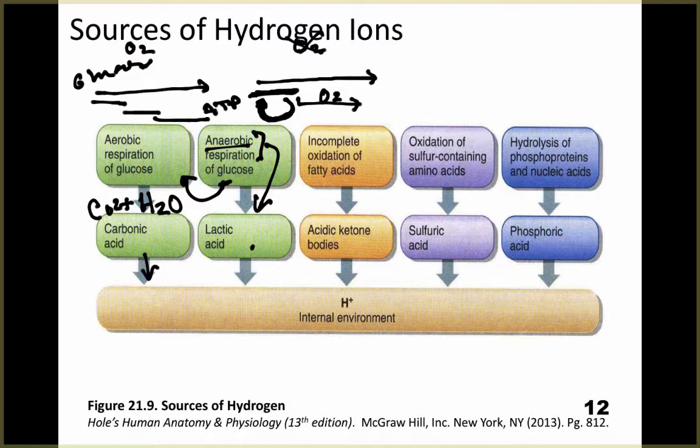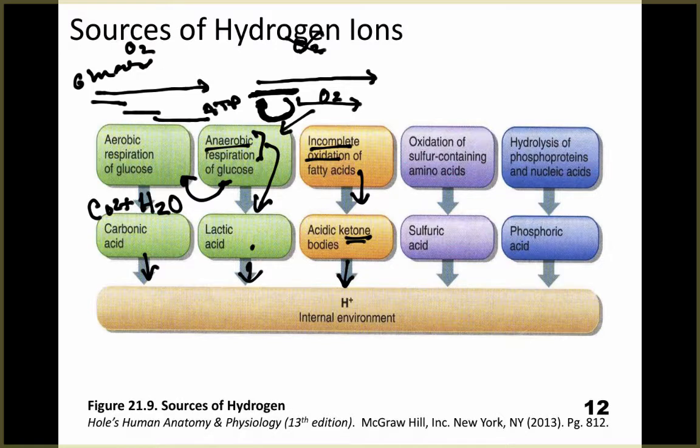Now, there's this whole incomplete oxidation of fatty acids. So whenever you don't have enough glucose, you start breaking down fatty acids. This is a part of a lipid, right? Then you're going to make these things called ketone bodies, which essentially can combine and make these or increase the hydrogen concentration in there.